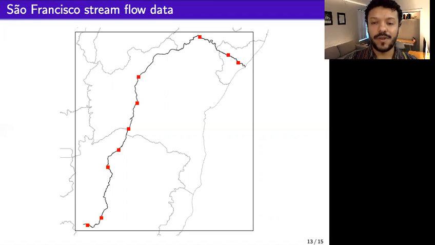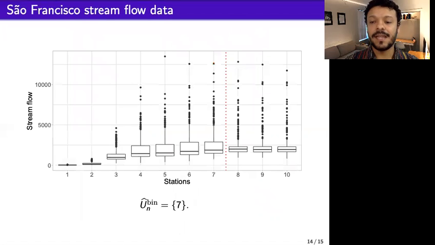So we run our algorithm with this data, and here we have the distribution of the measurements taken in 10 stations along the course of the river. And our algorithm gives us this set of independence containing only the element 7.